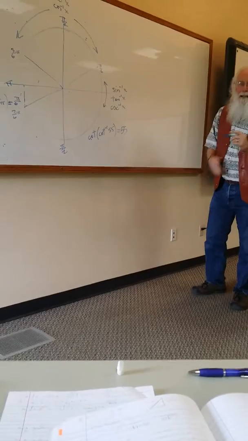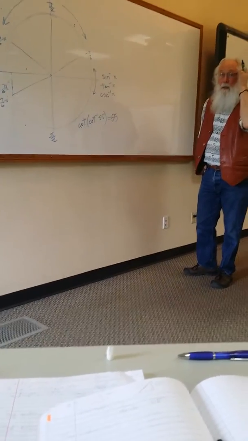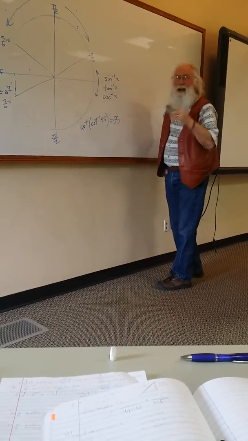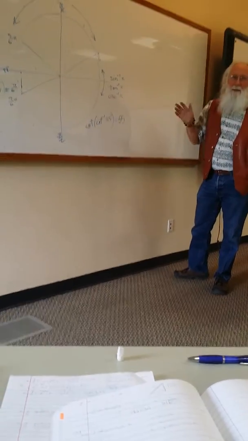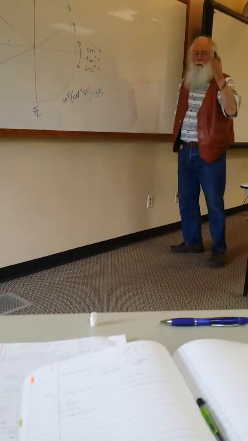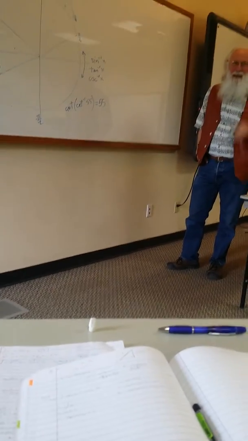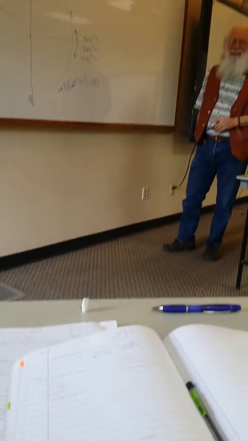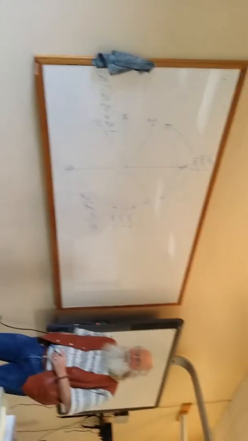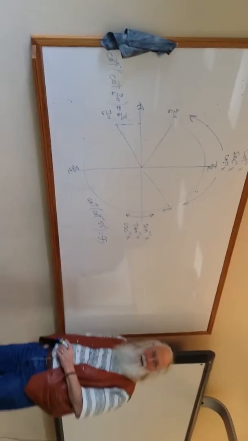Both sine and cosine are between minus 1 and 1. I know, I get confused with this too. Pi is bigger than 3, so 2 times 3 is 6 divided by 3 is over 2, so you can't take the arc sine of that.